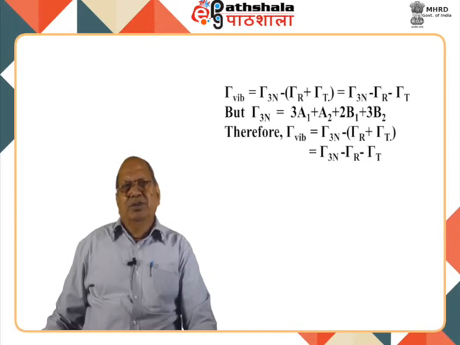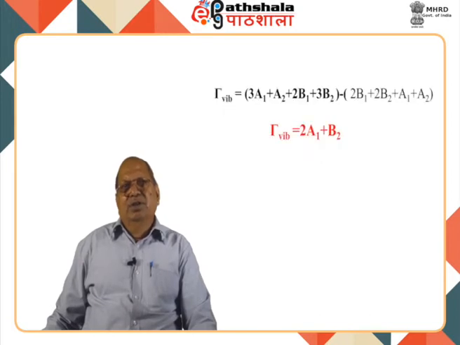So I am subtracting 2B1, 2B2, A1 and A2, and the result is tau vibration equals 2A1 plus B2.